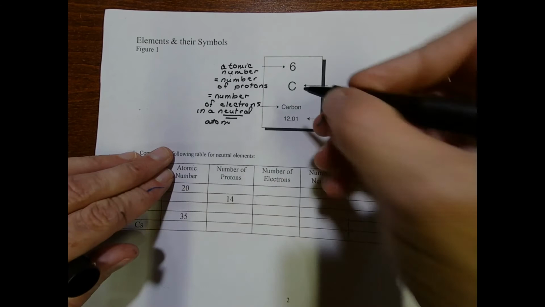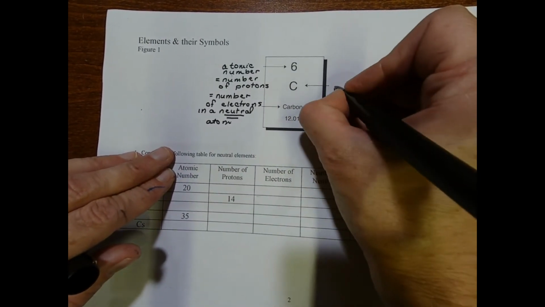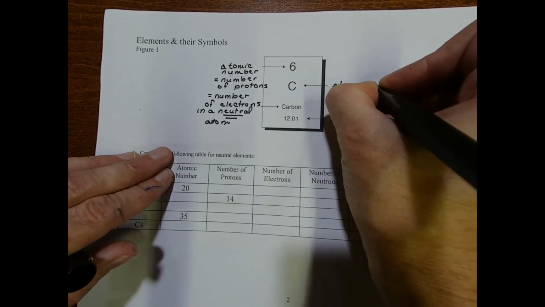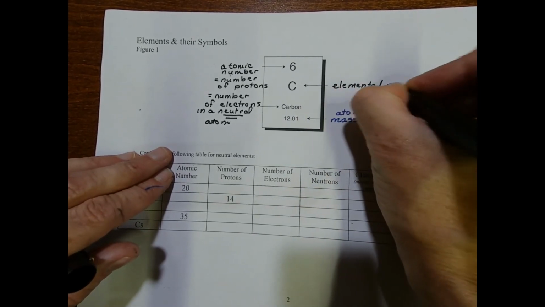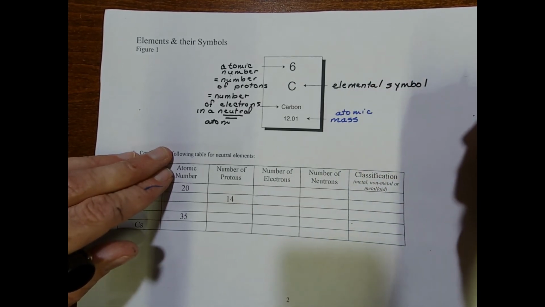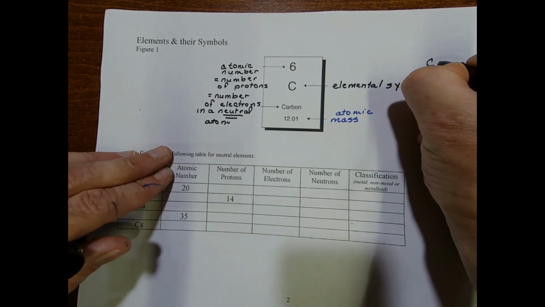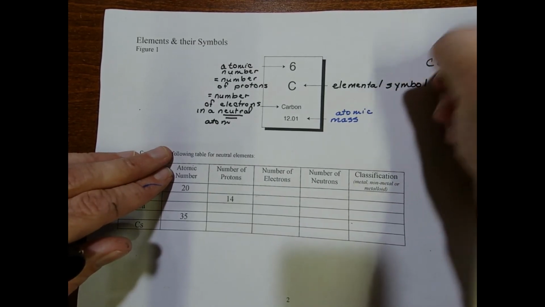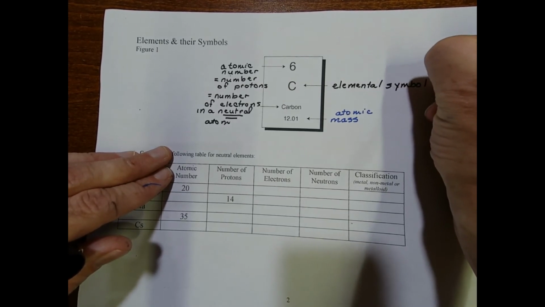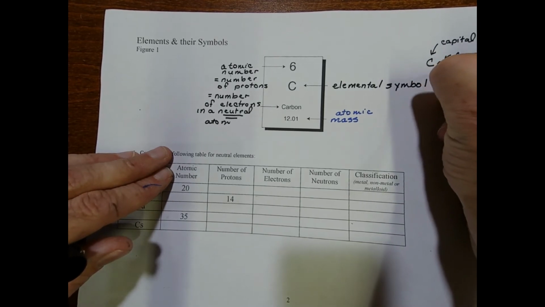Here, there's always letters to represent each element. And these are known as elemental symbols. Really clutch on elemental symbols: the first letter has to be capital, and the second letter has to be lowercase. Reason being, I just wrote the elemental symbol for cobalt.